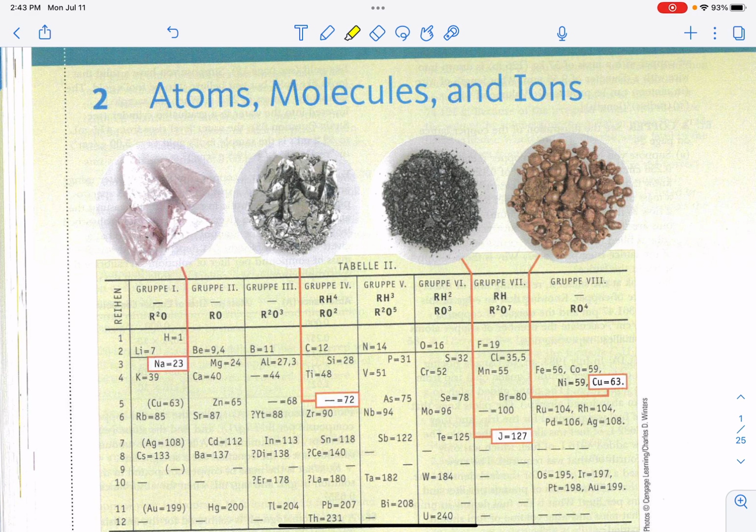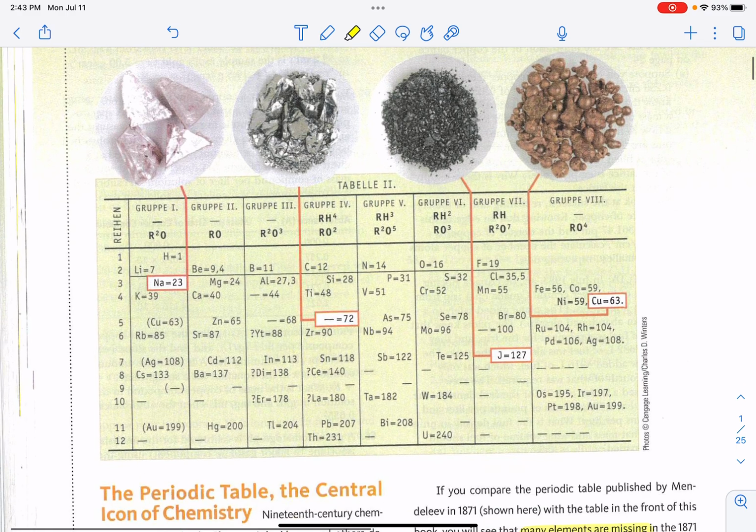In any case, here's an early periodic table. So we'll introduce the idea of a periodic table in this chapter, but we'll save more details about the periodic table for chapter 7. What you should notice in this diagram, first of all, is that there are a number of spaces where there aren't any elements, which means this is predictive.